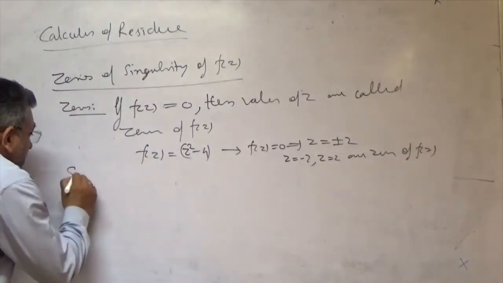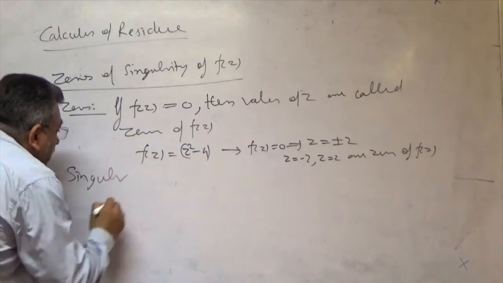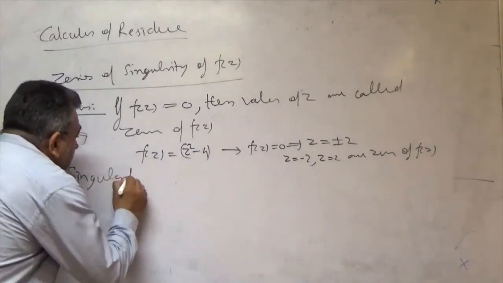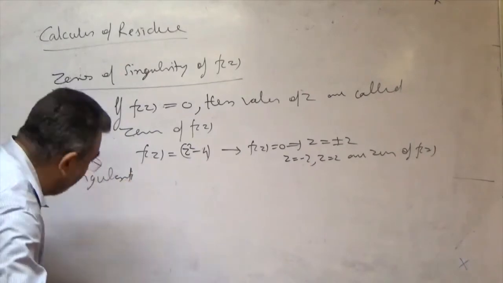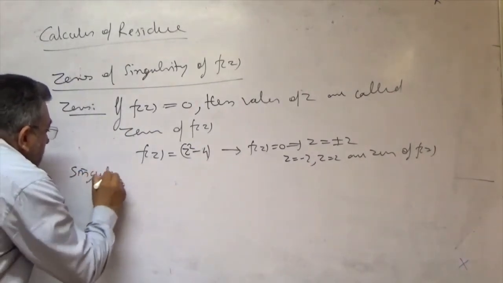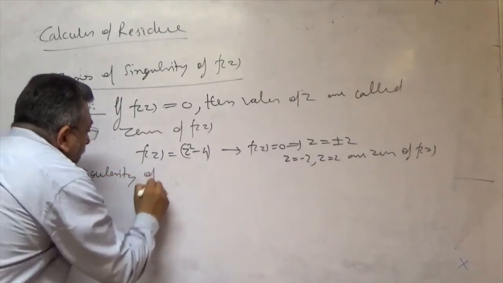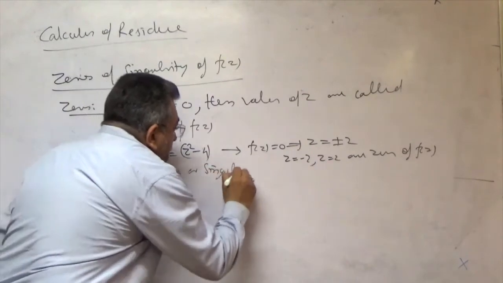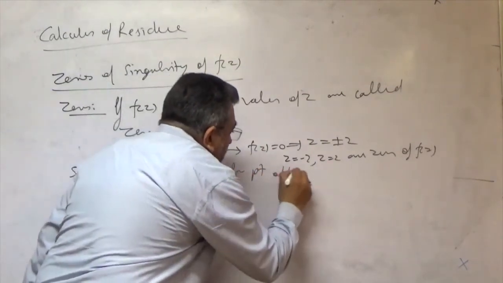Second thing, very important, that is very useful to find residue, that is the singularity. Singularity of f(z), or you can say singular point of f(z). Both are same.